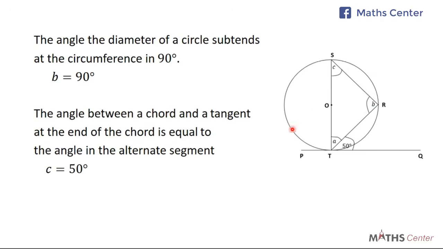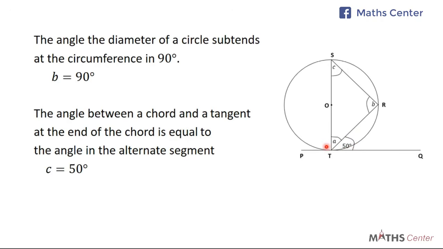Let's look at another property that will help us to find another variable. We know that the angle between a chord and a tangent at the end of the chord is equal to the angle in the alternate segment. So if you take the tangent PQ and the chord TR, the angle created between them is 50 degrees.